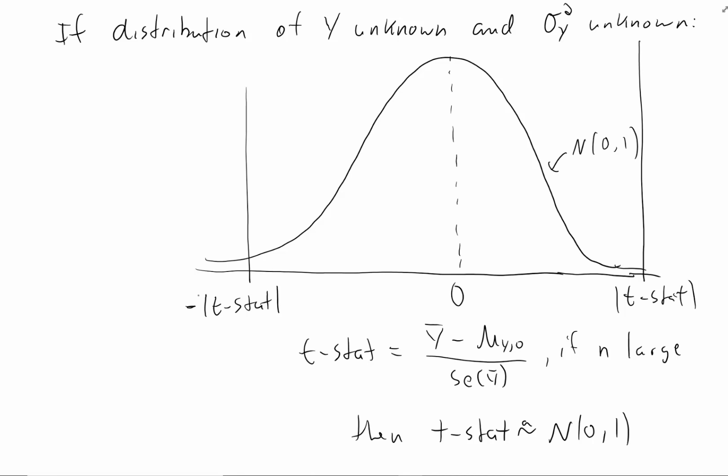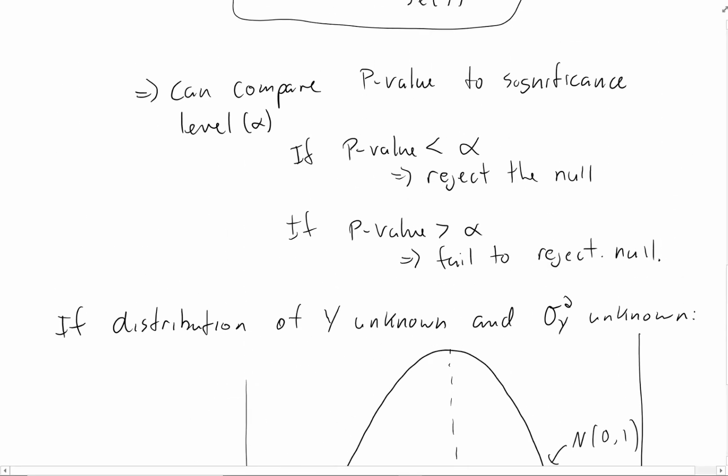It might be a little more familiar to you because it's a normal distribution rather than a t-distribution with n-1 degrees of freedom. Again, to come up with the conclusion for our hypothesis test, we're still just comparing this p-value to the significance level.